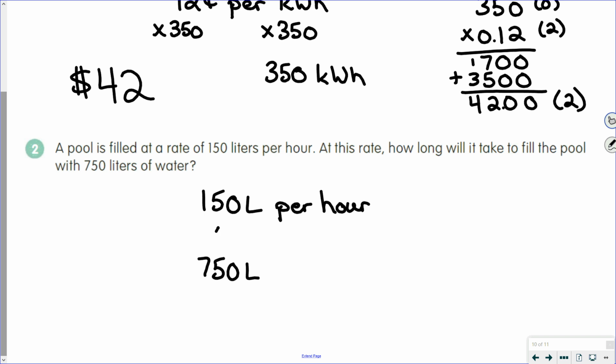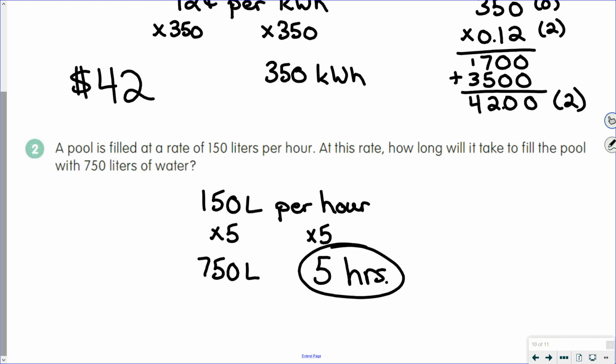Well, 150 times 5 is 750. So we take our hours times 5, which means we get an answer of 5 hours. And again, when we're working with rates, you must label your answers. Dollar signs count as labels, or putting hours. You can abbreviate. That's fine as well.